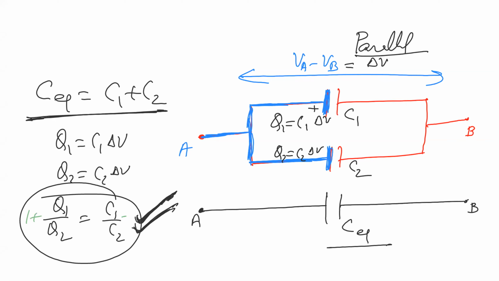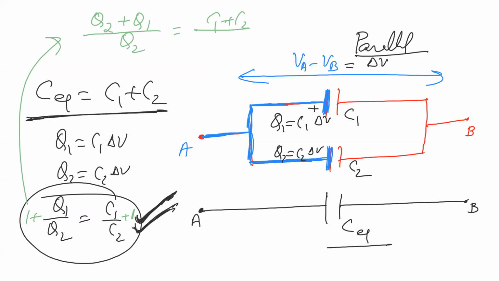Try to understand, we are not calculating potential. Potential is same. In series combination, charge was same and we calculated potential. Now we are calculating charge. So if you add 1 on both sides, it will be (Q1 plus Q2) by Q2 is equal to (C1 plus C2) by C2.